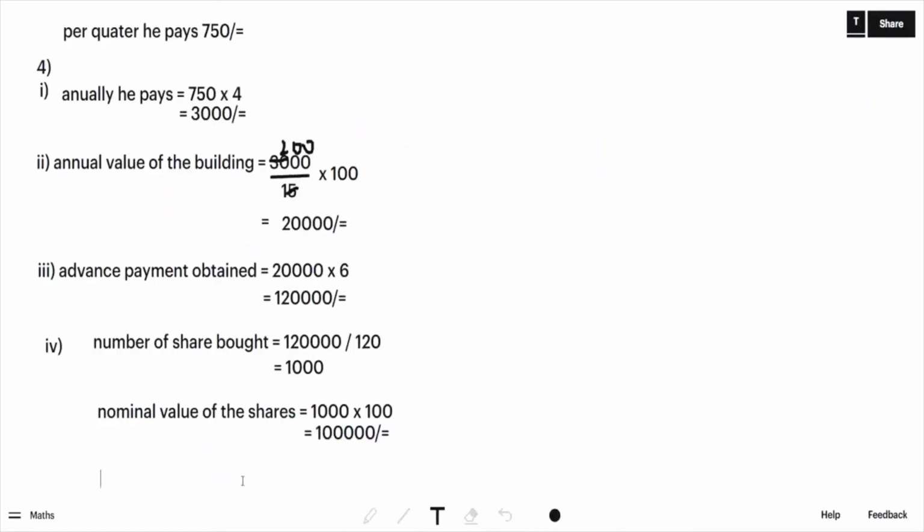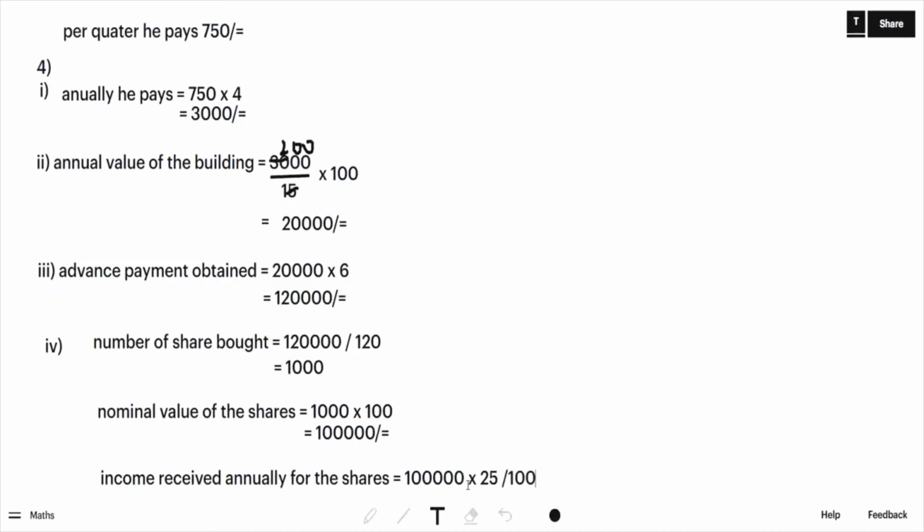So the next part of the same question: income received annually for the shares is equal to, now the nominal value is 100,000, as we know, always the dividend is paid for the nominal value, keep that in mind, into 25%.